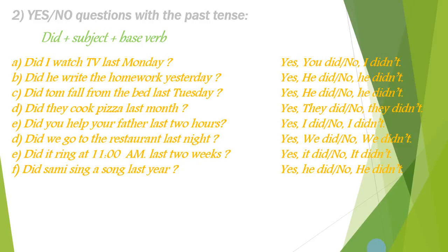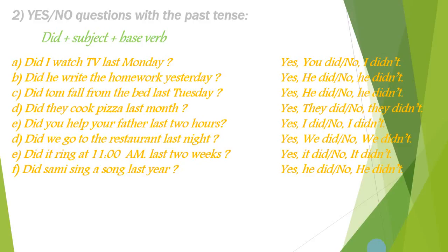Okay, did you help your father last 2 hours? Yes, I did. If it is not, we will say to the person who asked, no, I didn't. Did we go to the restaurant last night? We will say yes, we did, or if it is not correct, we will say no, we didn't.